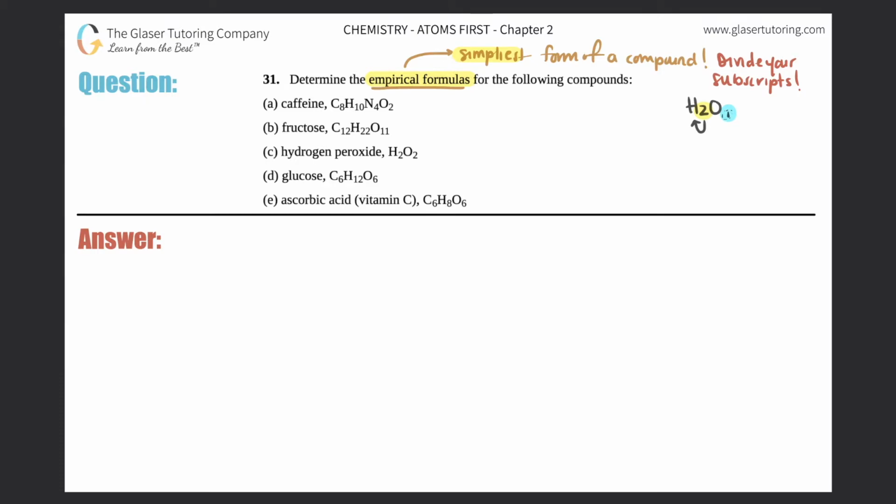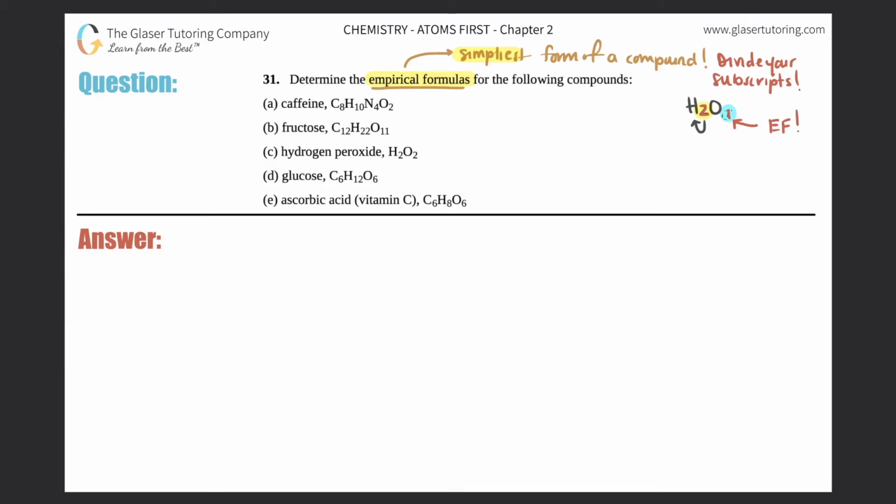You say to yourself, is there a number that I could divide between a 2 and a 1 to get a smaller whole number? But there's really nothing that I could divide by. This is the simplest form. And especially if you see a 1 in your compound, it will automatically be the empirical formula, EF, I'll write for short.